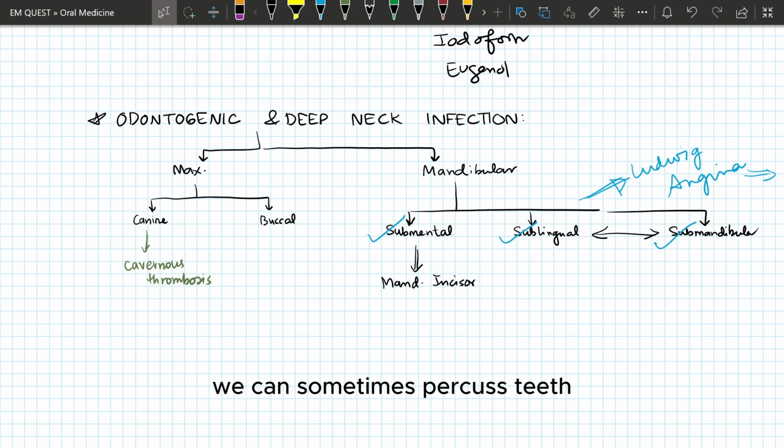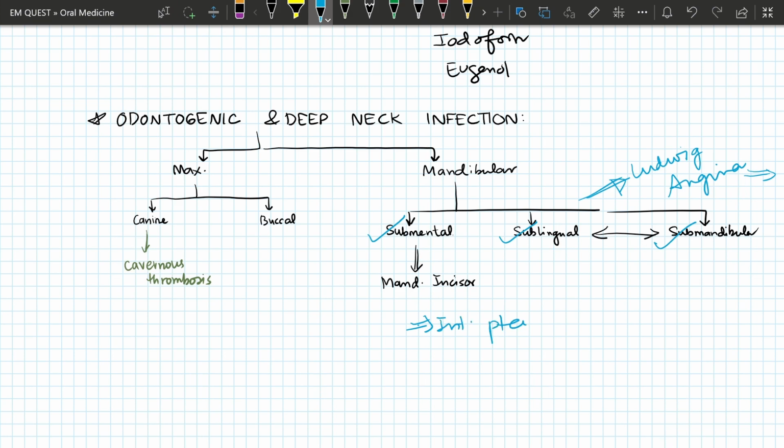We can sometimes percuss teeth to assess for tenderness, which indicates a periapical abscess. What causes trismus in deep neck infections is basically involvement of the internal pterygoid muscle or masseter.